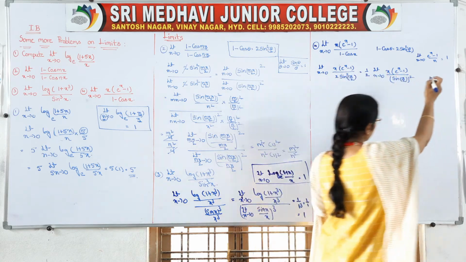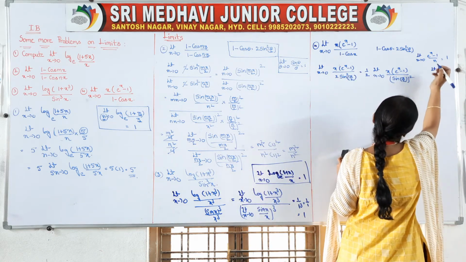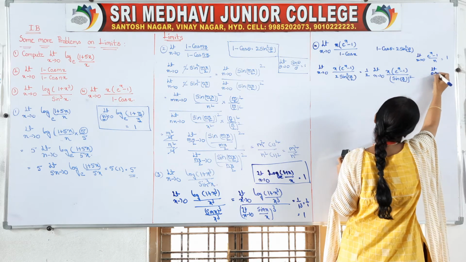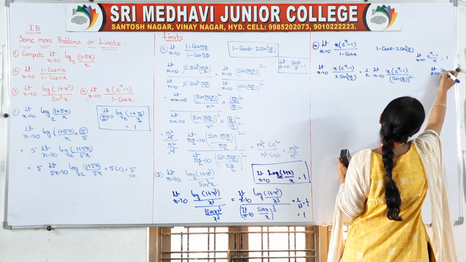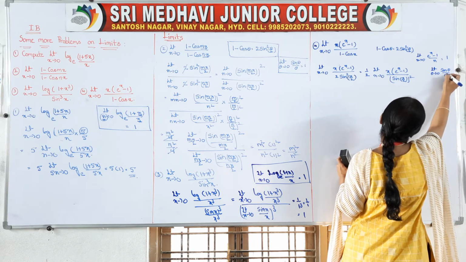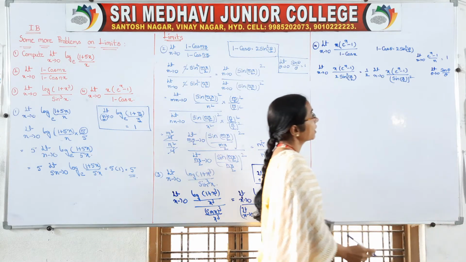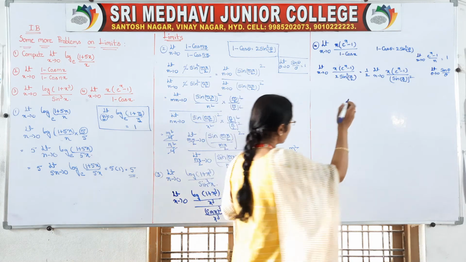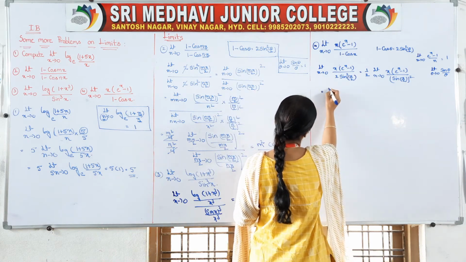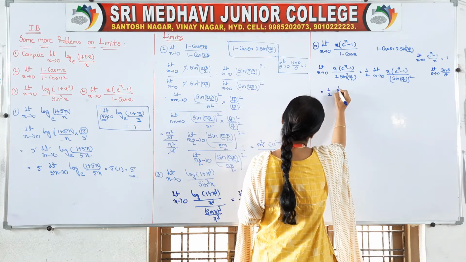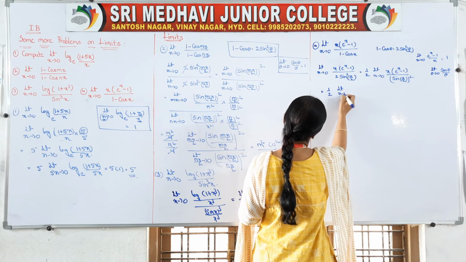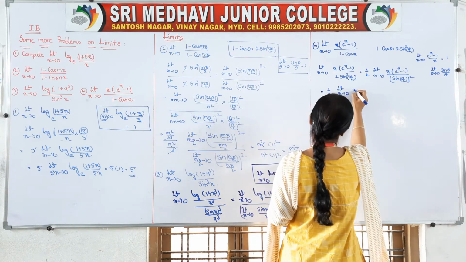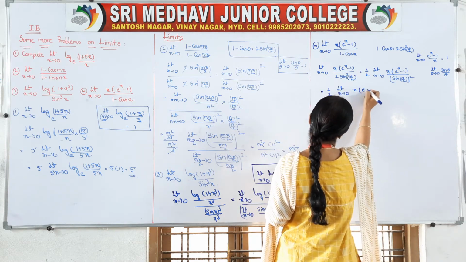Generally for sin we will take limit theta tends to 0 sin theta by theta. So we want x by 2 whole square, right? For that sake we will apply the limit separately for numerator and denominator. Then we will arrange the values also.